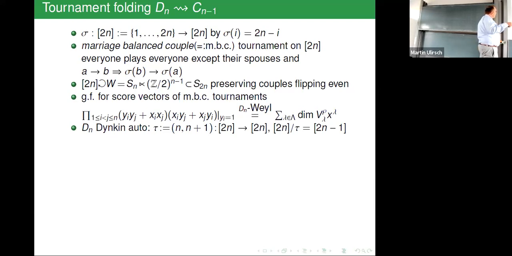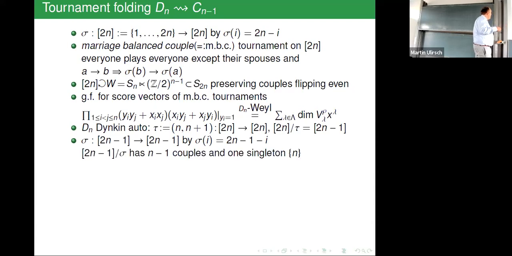It will be a singlet one, and then we will have n minus 1 layers, one single guy, and n minus 1 couples. So now the new sigma, the induced one, is again the same symmetry, but now there is a singlet.